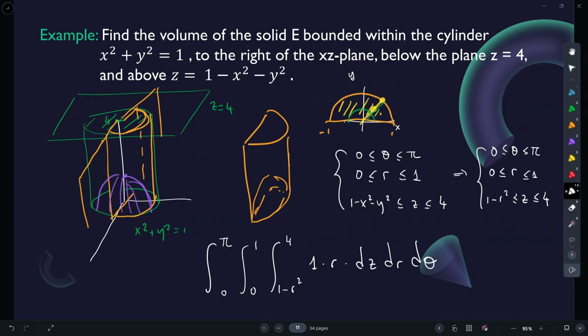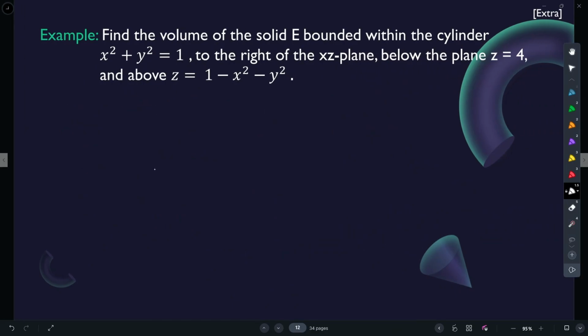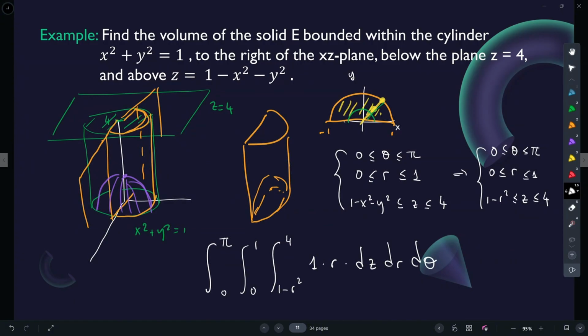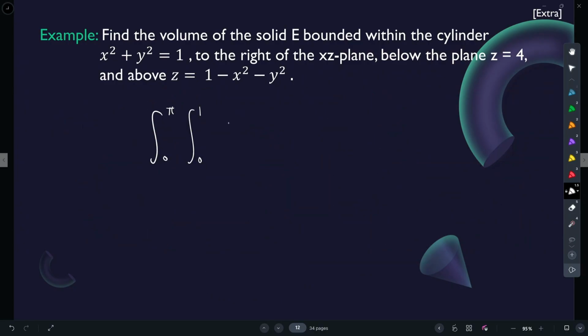Let me just do the very first step: the integral from 0 to pi, integral from 0 to 1, of r times z evaluated between 1 minus r squared and 4. So it's r times 4 minus 1 minus r squared, dr d theta.